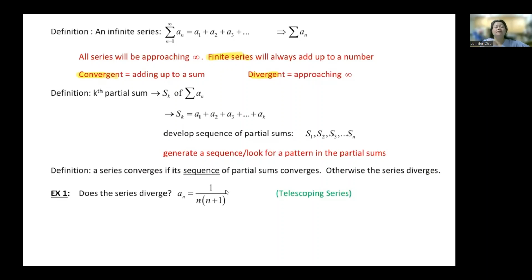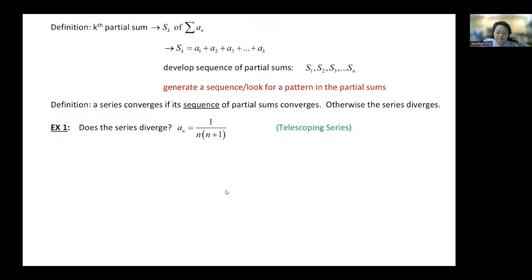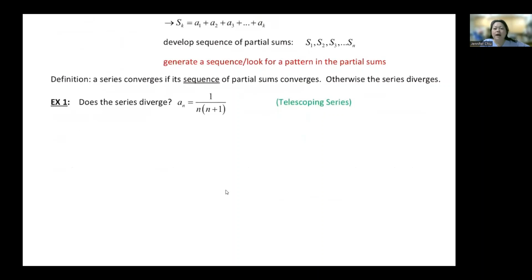If it does create a pattern that we can recognize, and we can generalize that pattern, we can look at the sequence of this partial sum, and see if it converges. If it does converge, then the series itself converges, right? So here is a pattern, a sub n equals 1 over n times n plus 1.